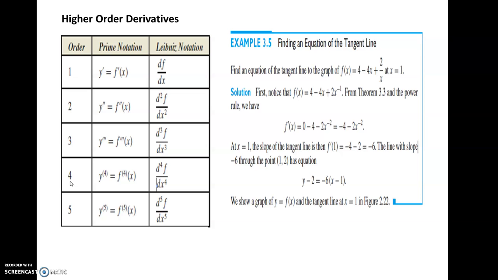But for fourth order, we don't write the prime. Up to 1, 2, 3, we write the primes, but from 4 onward, we write the numbers in brackets. So y^(4) means f^(4)(x), d^4 f by dx^4. Fifth is the same. Only till third we write the primes, otherwise we don't.